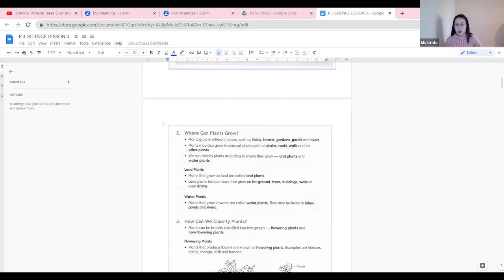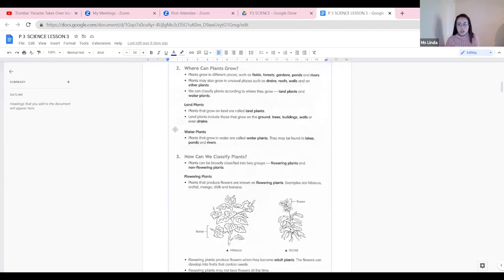So where do plants grow? Basically, fields, forests, gardens, ponds, rivers. And you have the difference between land and water plants, 2 different categories. Or you can also put them into the categories of flowering and non-flowering plants, whether they can produce flowers or they can't. Let me just highlight, if I can.